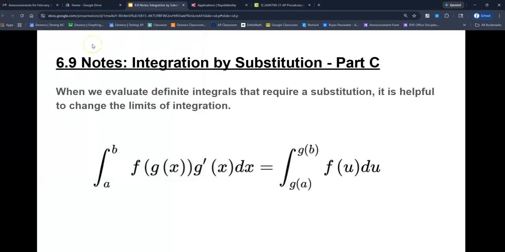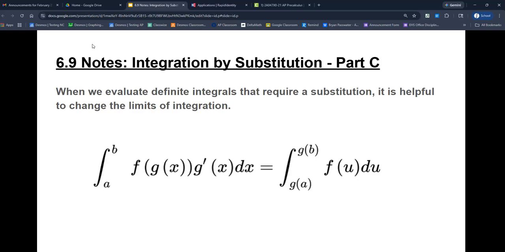All right, so for our last section, we did a definite integral problem for the warm-up yesterday, right? We had that weird problem that had f of 2x plus 3 on the inside there. Whenever we did that problem, I did not change my limits of integration.